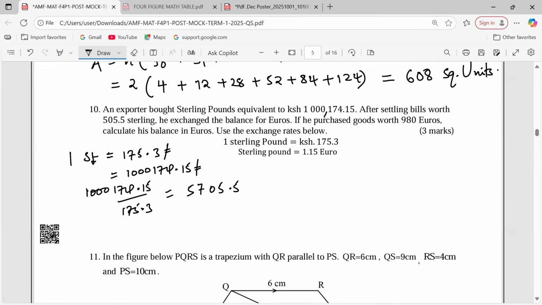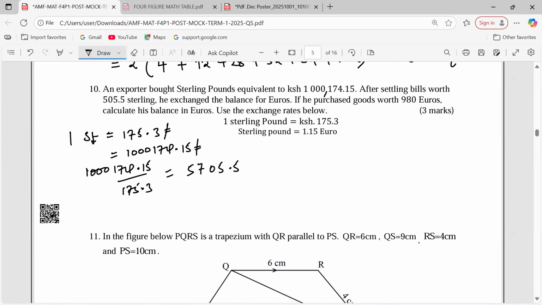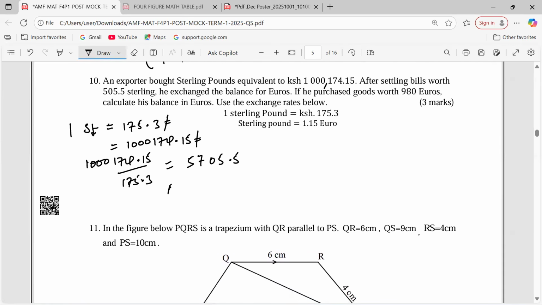Then this particular exporter is going to settle bills worth 505.5, meaning that the initial balance shall be, when you subtract, you'll get 5200.